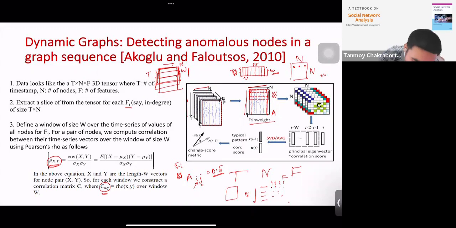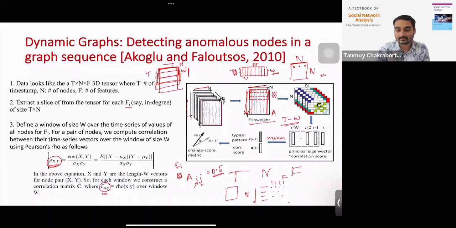And how many such slides are possible? There are T timestamps, and the slice is of size W, so you can have T minus W number of such slides. Now for every slide, you have this correlation matrix.